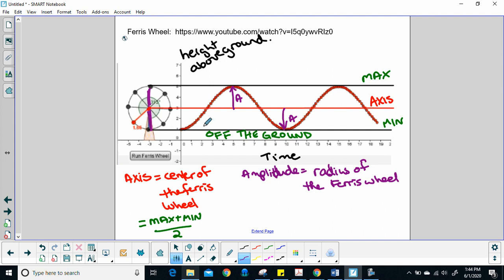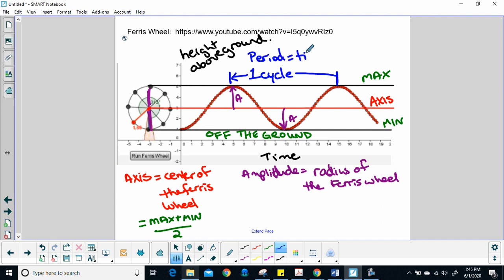Okay, and the amount of time it takes to go from the bottom back to the bottom, or from the top back to the top, well, that's going to be the length of one cycle, which we call the period. So one cycle, I'm just going to go from peak to peak because it's easier to draw up here.